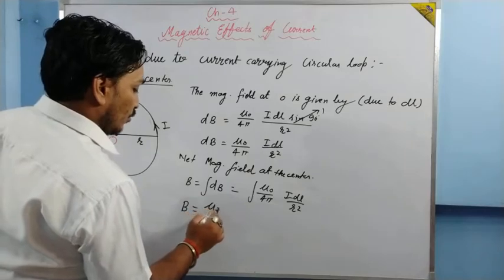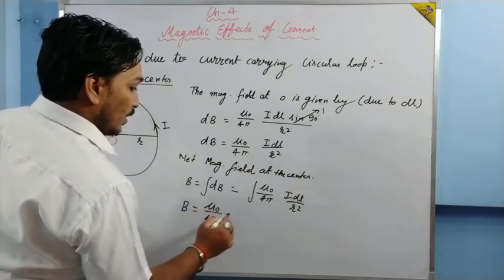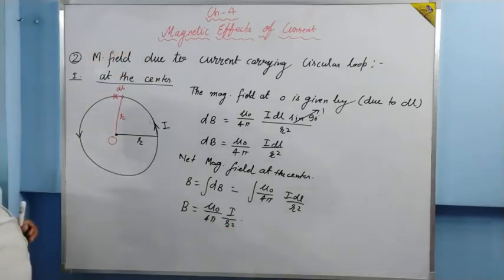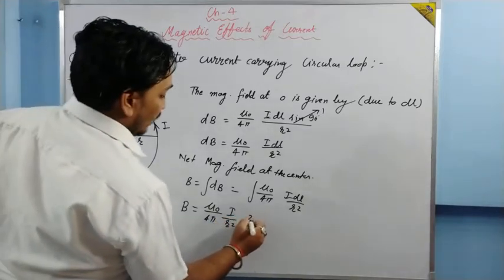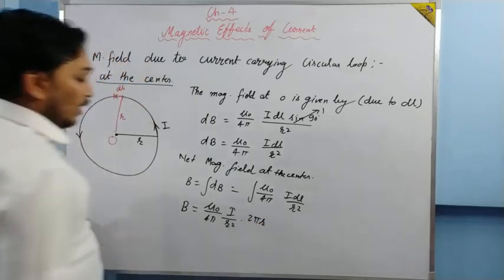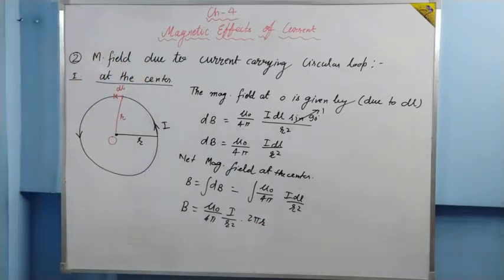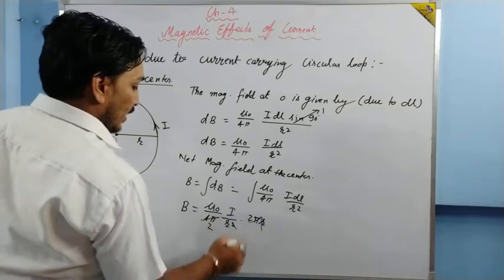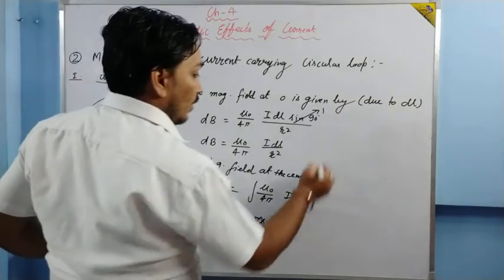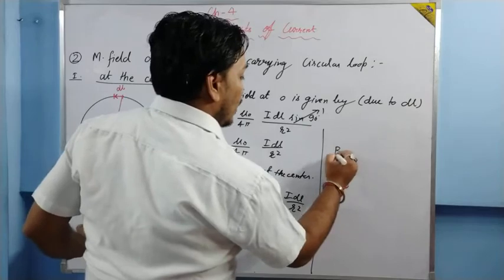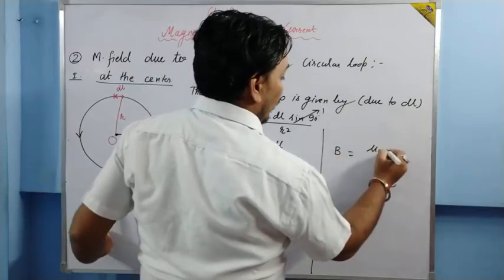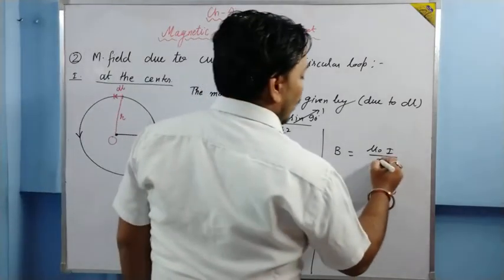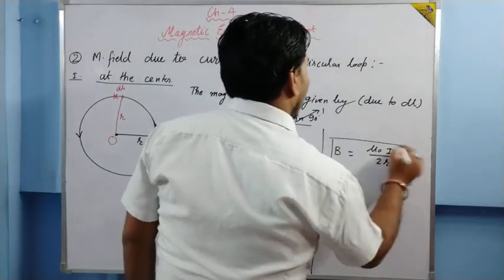B is equal to mu naught upon 4 pi, I upon r square. And what is the circumference of the circle? Obviously it is 2 pi r. One r will be cancelled, 2 pi will cancel this 4 pi two times. So what we are going to have is B equal to mu naught I upon 2r.